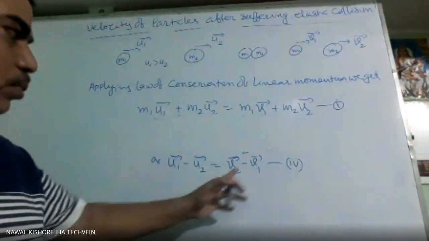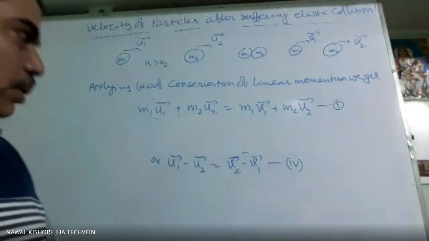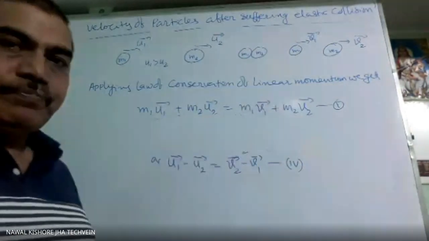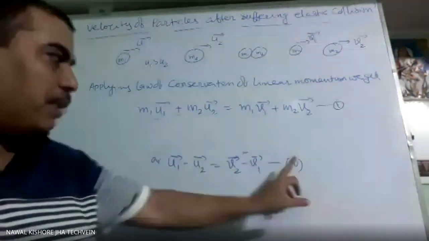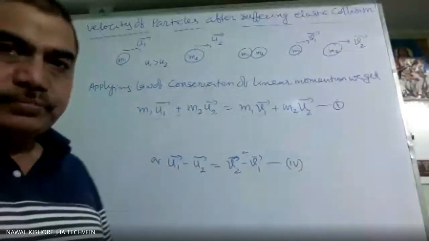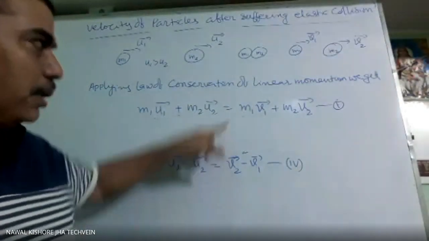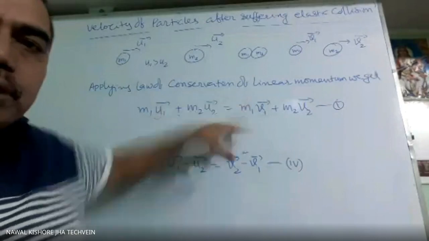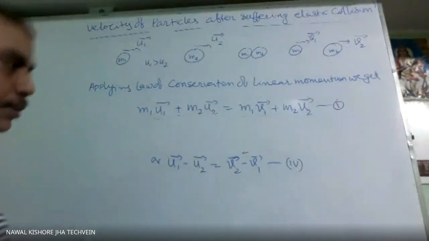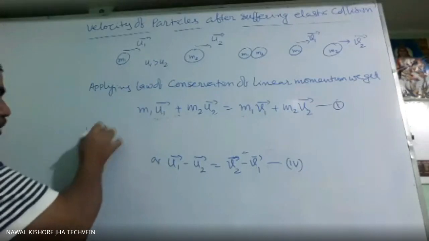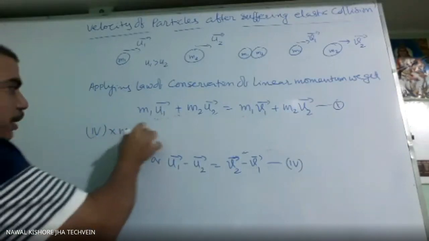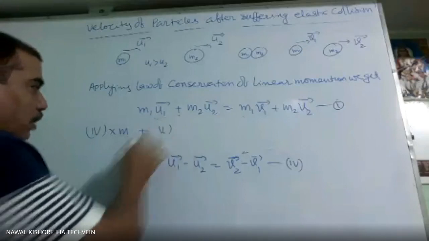If you want to find the value of V2, then V1 should be cancelled. How will V1 be cancelled? If you multiply this by M1 and then add with this. So this equation 4 is multiplied by M1 and then we are adding equation number 1.